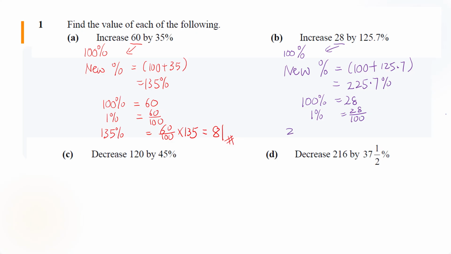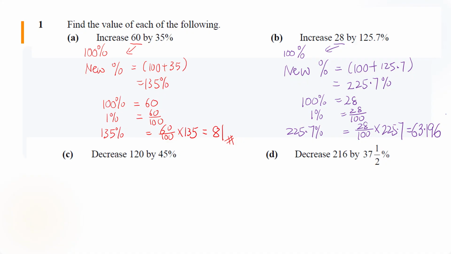And so therefore 225.7% will be 28 over 100 times 225.7, and that gives you 63.196. All right, let's move on to the next one.